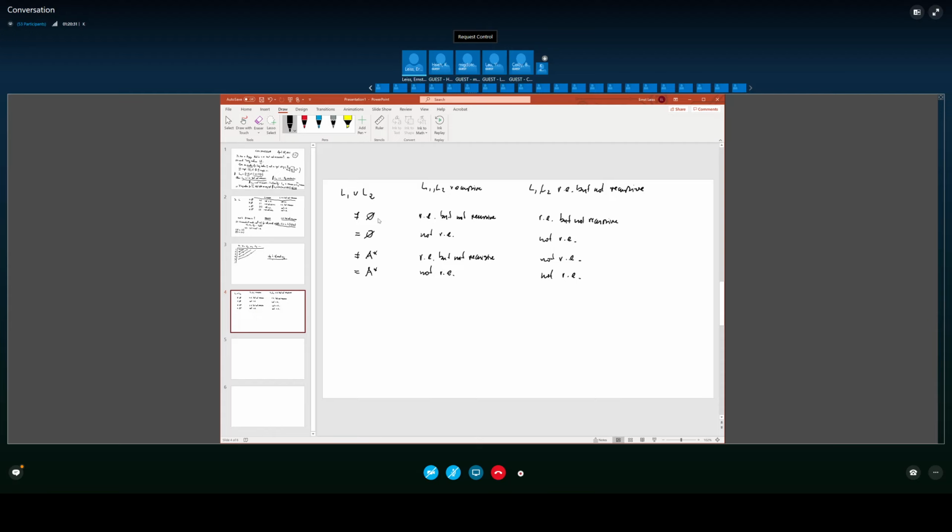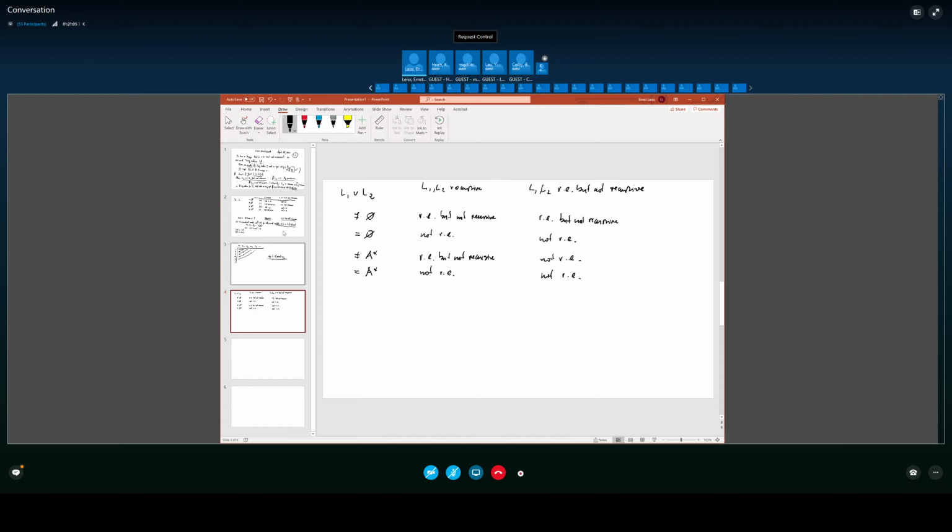Not very efficiently, but that's a separate issue, and that's not really what this is all about. This is not about efficiency. This is just about, can I do something or can I not do something? And not being able to do something is the equivalent of something not being RE. And being able to do something in a limited way is RE but not recursive.